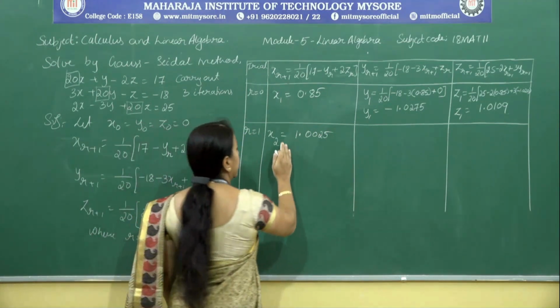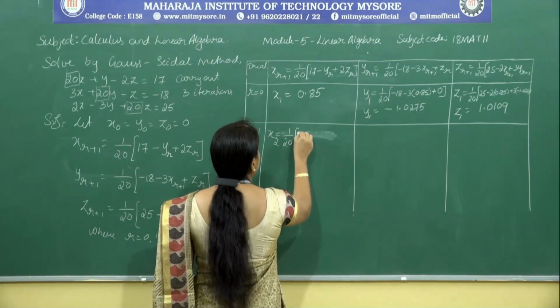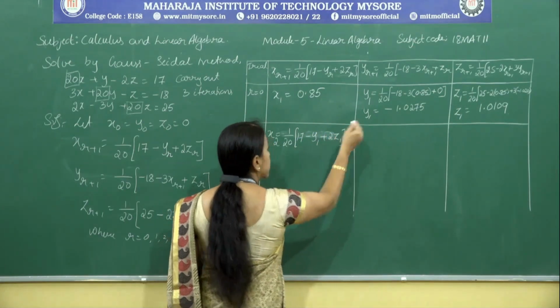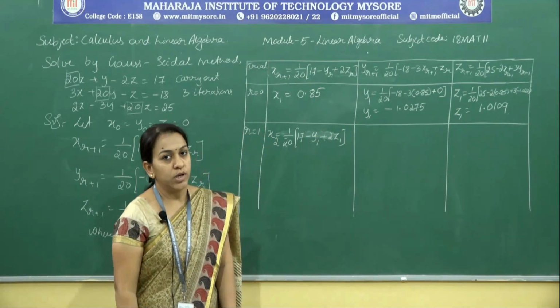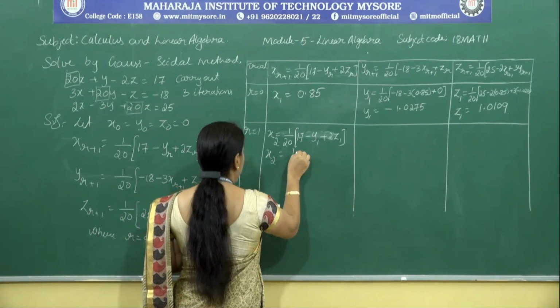Let me write one more step: you can easily simplify 1 by 20 into 17 minus y1 plus 2 times z1. Substitute that value using your calculator, so that you will get x2 as 1.0025.